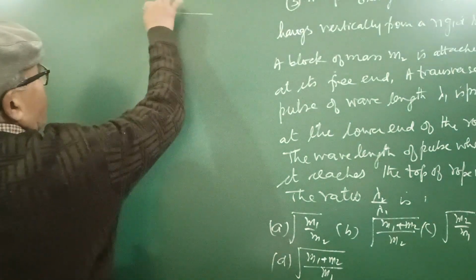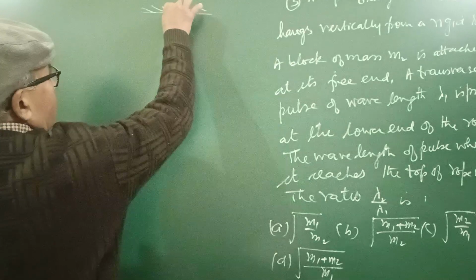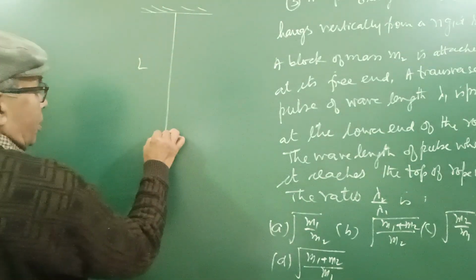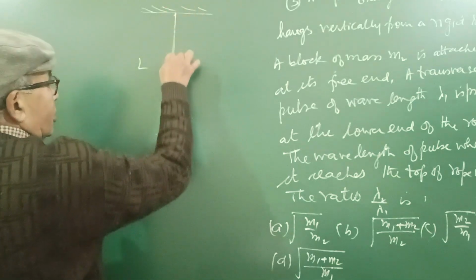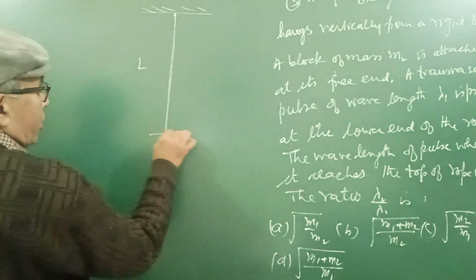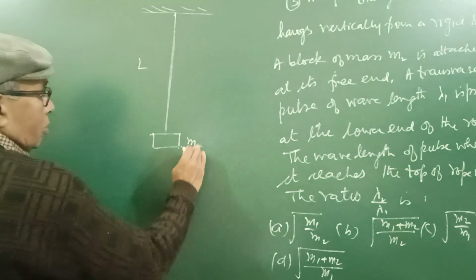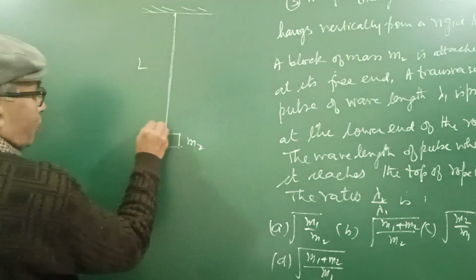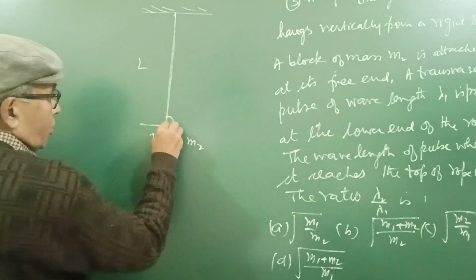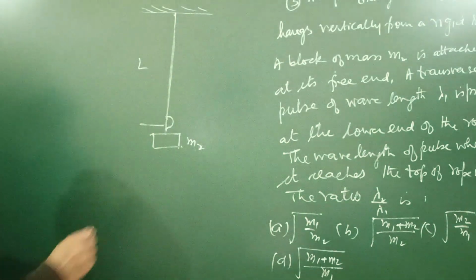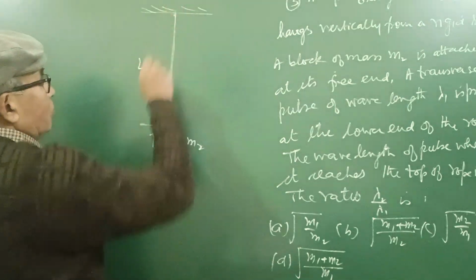So the situation is like this: the rope is attached to this support, its length L, here its total mass M, and below it the weight of mass m2. So when we produce a pulse here, then it reaches here, and as it reaches, tension keeps on increasing.